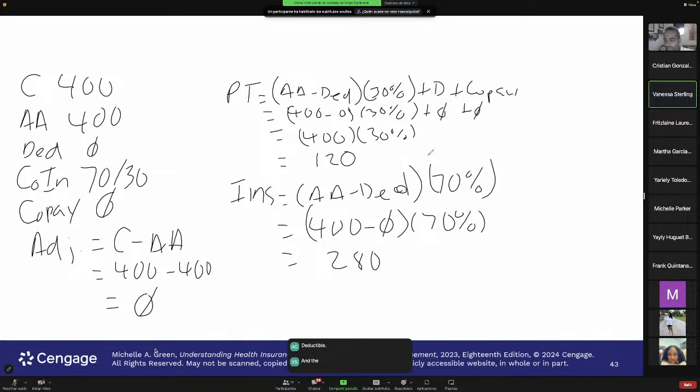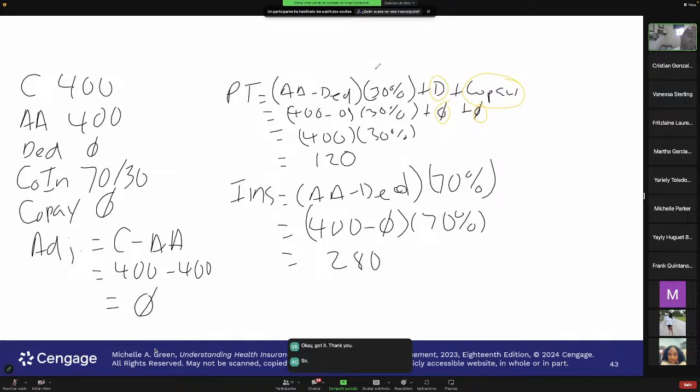That's 0 for deductible, and that's 0 for copayment. On the top, that's the D for deductible, and they should say copay. Okay, got it.